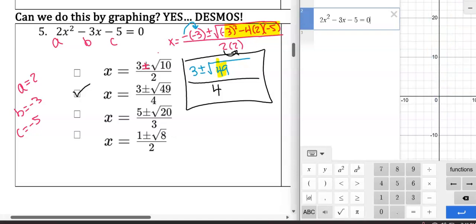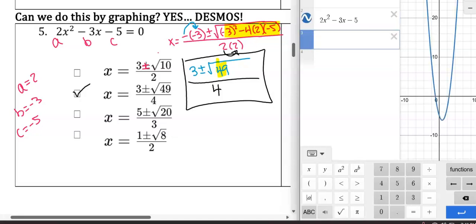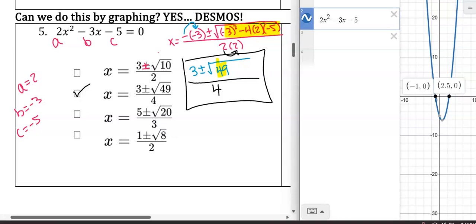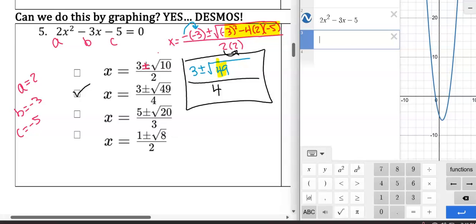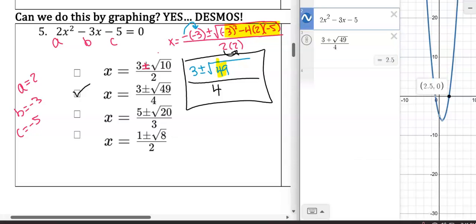This way you don't even have to set up the quadratic formula. And remember, if I put equals 0, it doesn't work. So never type equals 0. And now we know our x-intercepts are negative 1 and 2.5. So if we typed in the answer we got, it's 3 plus square root of 49 divided by 4, which is the 2.5 value.